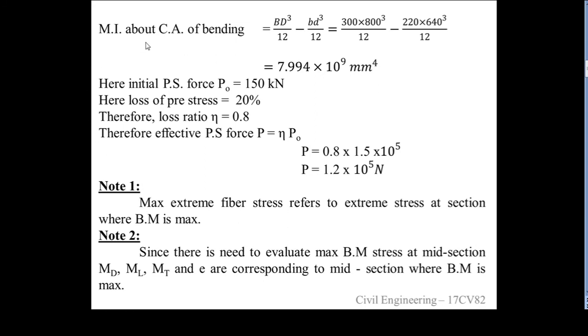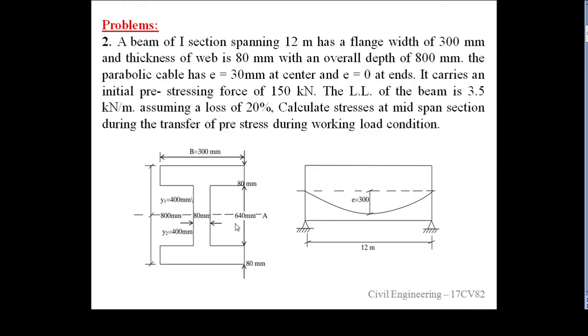Then the moment of inertia about the neutral axis of bending is equal to BD cube by 12 minus bd cube by 12. Here, big B is equal to 300, big D is equal to 800. Here small b is taken as 300 minus 80, that is 220.